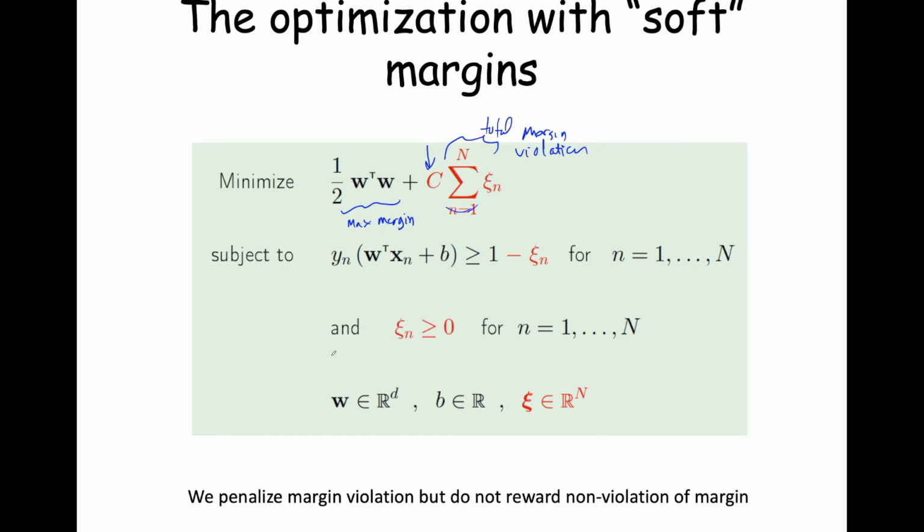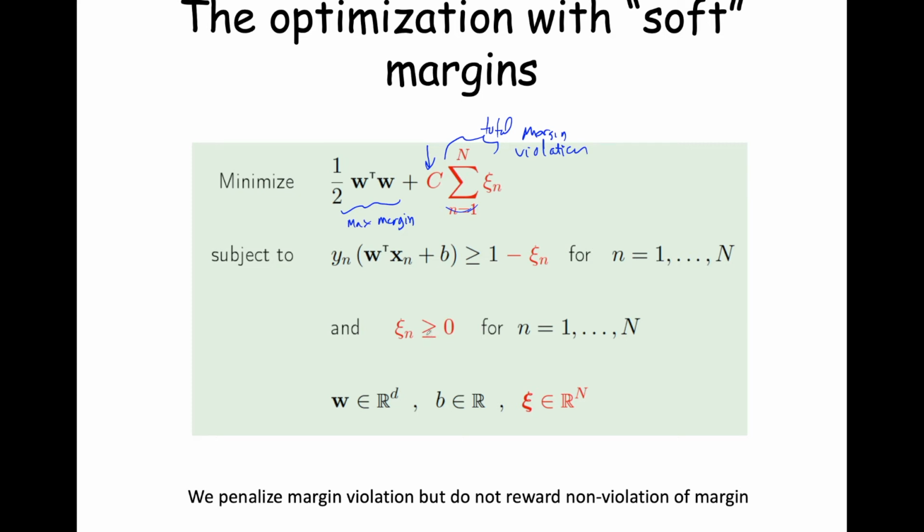Now, of course, we have our constraint, and we modified our constraint to include margin violations, subject to getting the classification correct, including for margin violations. So effectively, you're designating points as being margin points that have some margin violation associated with them. Now, these margin slack variables, xi n's, are all going to be greater than or equal to 0. The important part here is that you're penalizing for margin violations, but you're not rewarding for non-margin violations.